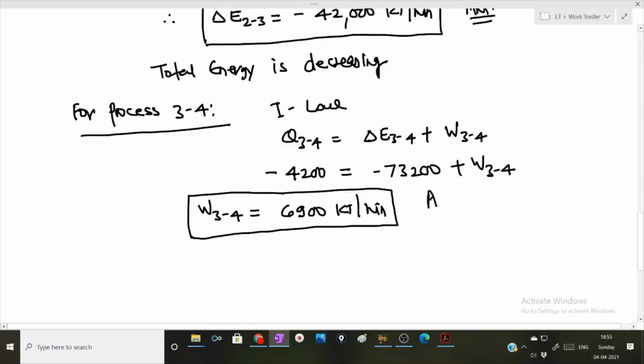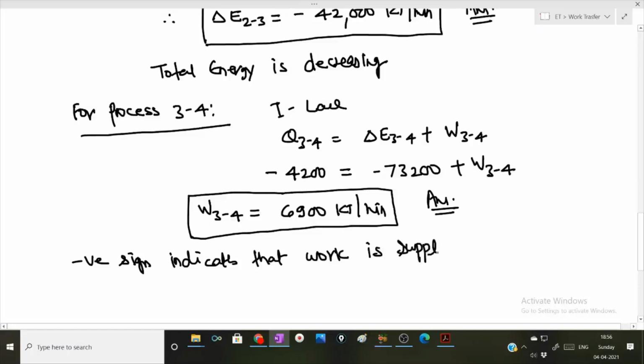So this will be the required answer for process 3 to 4, and the comment will be: negative sign indicates that work is supplied to the system during process 3 to 4.